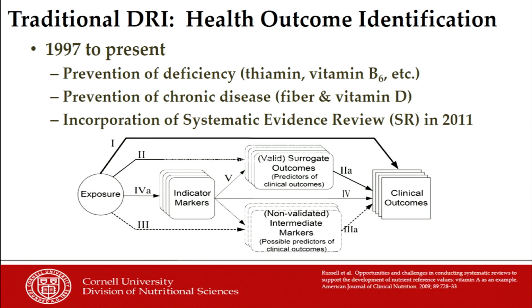Now, the traditional DRI in health outcome identification from 1997 to present, most of the DRIs were set to prevent deficiency, and examples of this exist for thiamine, vitamin B6, and a host of other nutrients.